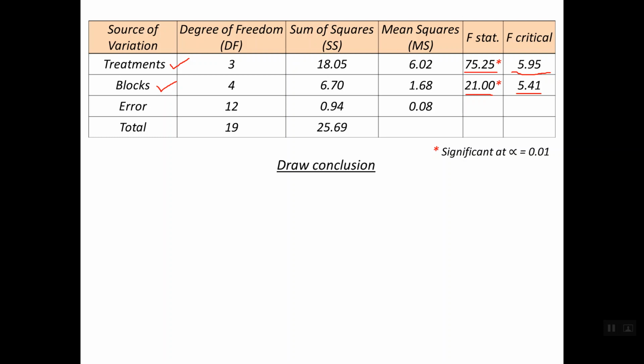Actually, we are interested in the treatments, but why do we determine the significance for the blocks? In order to see that our process of rearranging the experimental units into 5 blocks gives a significance. So for the treatments and the blocks, we have significance at the level alpha equals 0.01.